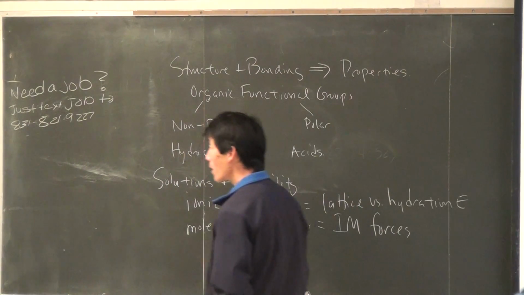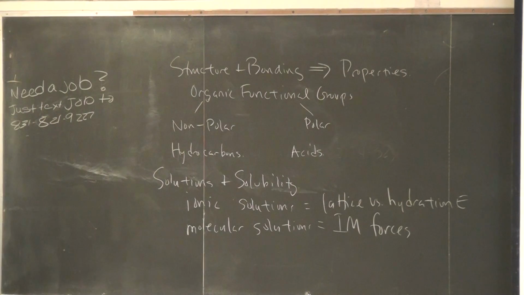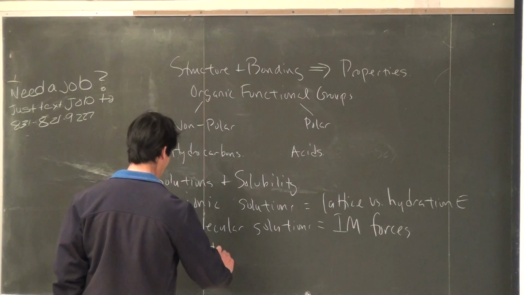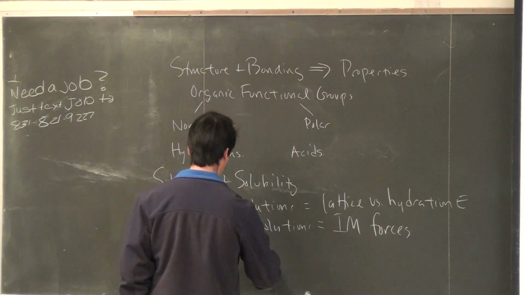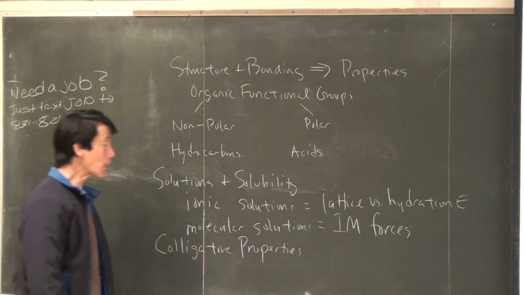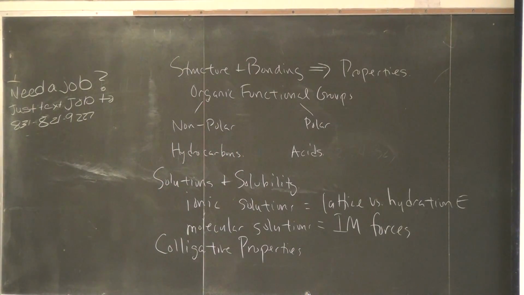Now, more importantly, again, as scientists and engineers, you can tailor or design solutions. In other words, you can increase the boiling point or decrease the freezing point of a substance, and you can do that by looking at those colligative properties. By adding a solute to a solvent, you can either increase or decrease the boiling point.